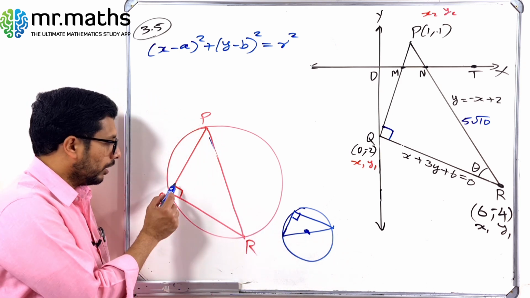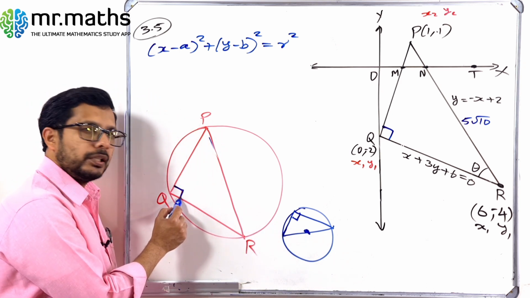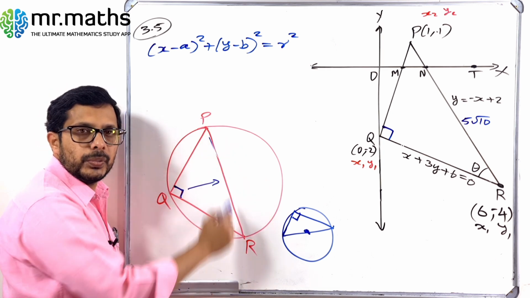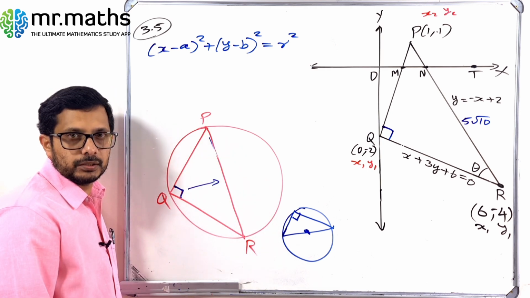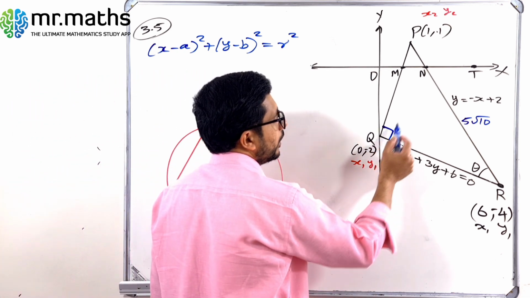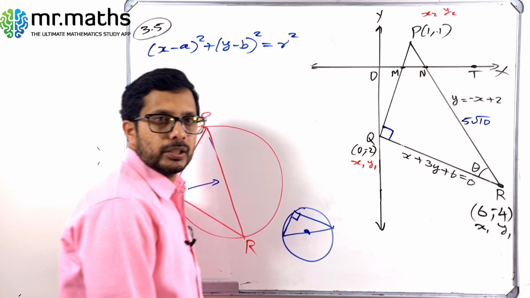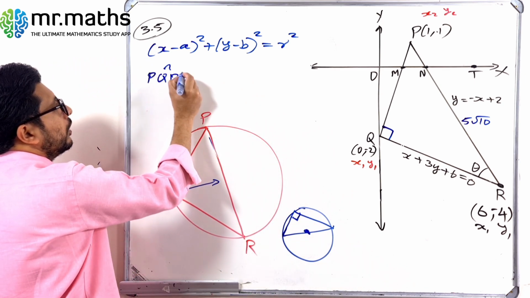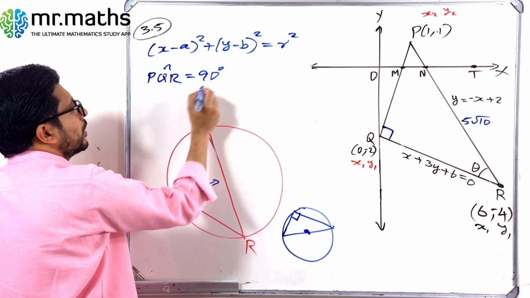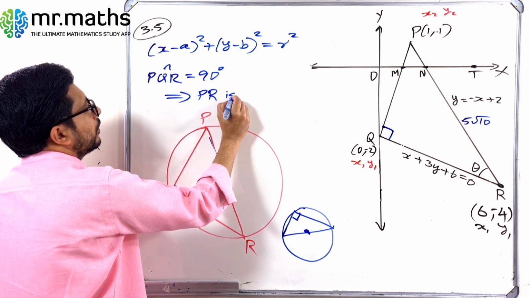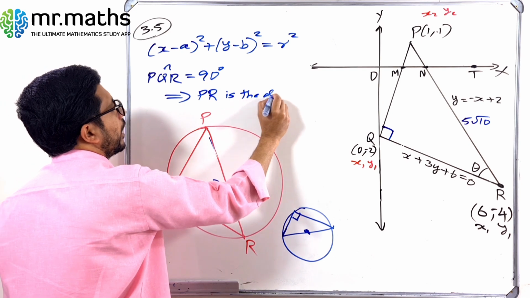So similarly, we know that this angle is 90 degrees. So what is the meaning of that? The opposite line, this line PR, is the diameter. You understand? So because of this 90 degrees, PR is the diameter. Okay, so angle PQR is equal to 90 degrees. It implies that PR is the diameter.